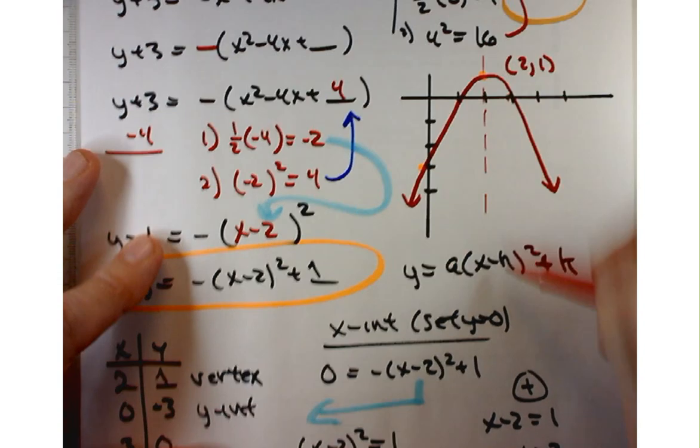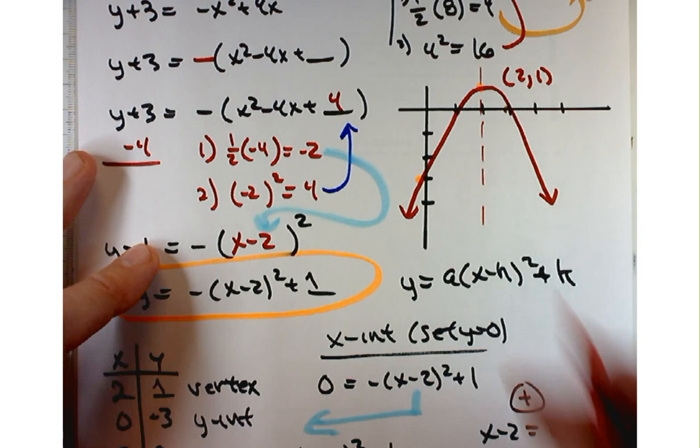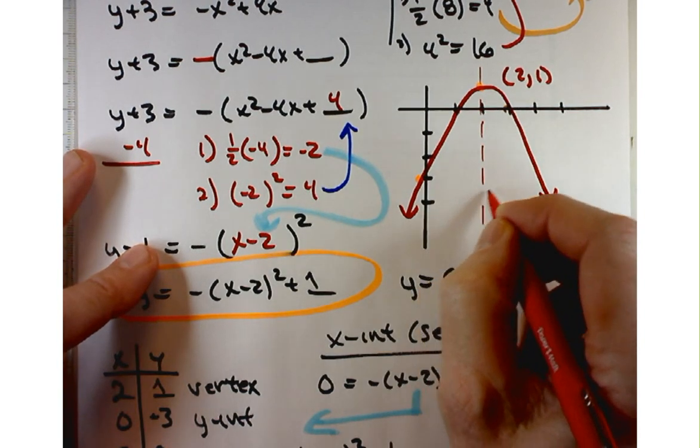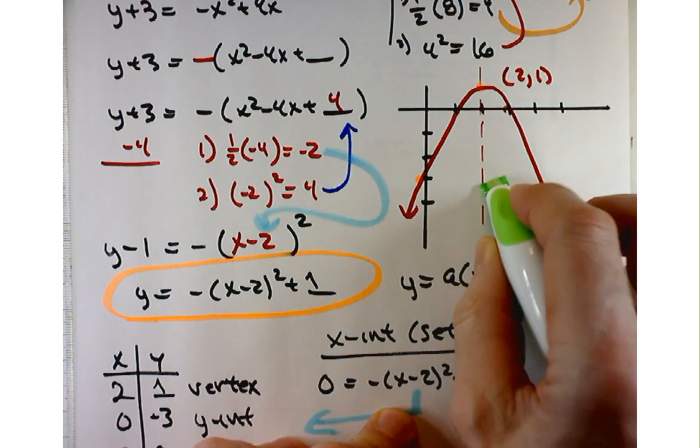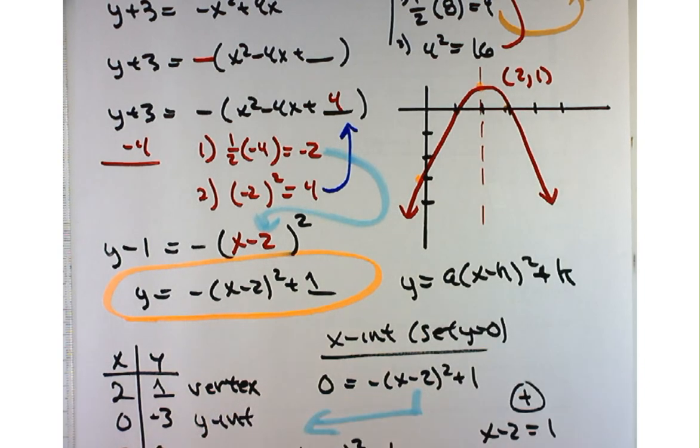What's the equation of that vertical line? 1. All right. I wouldn't accept 1 or 2 as an answer. X equals 2. Good. Because what I'm looking for is an equation.